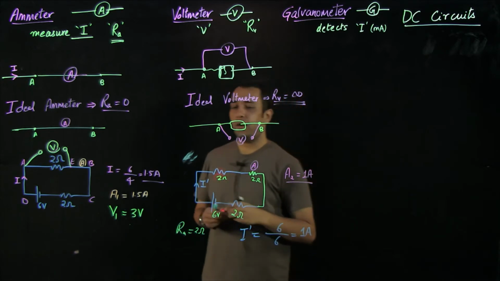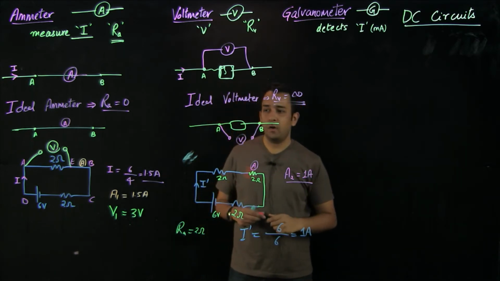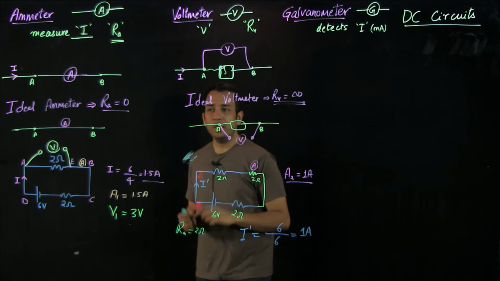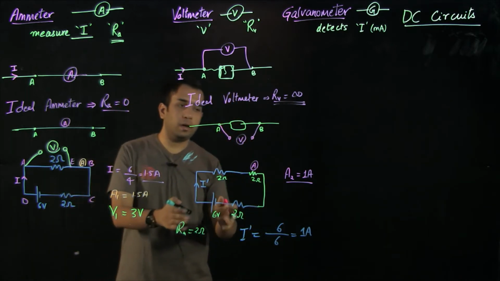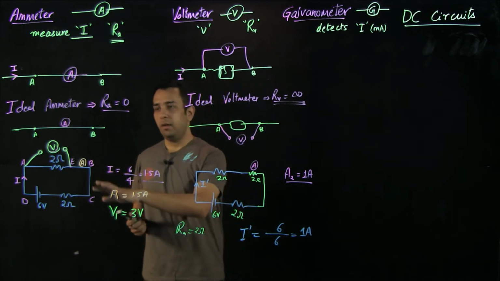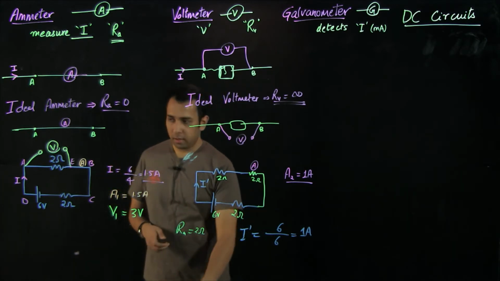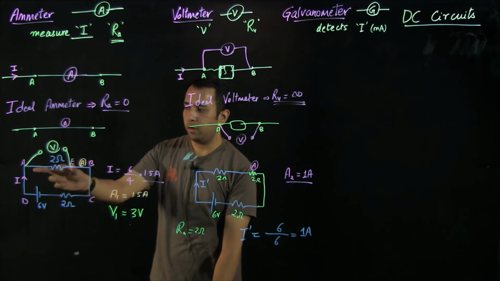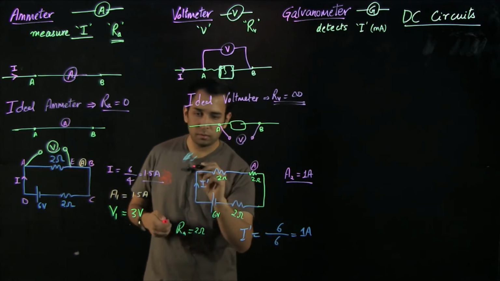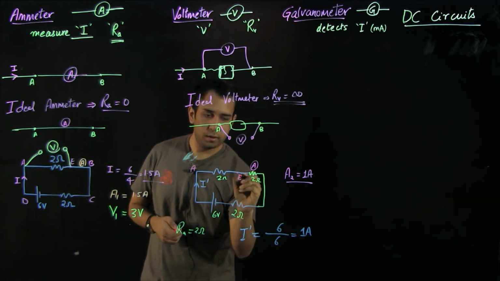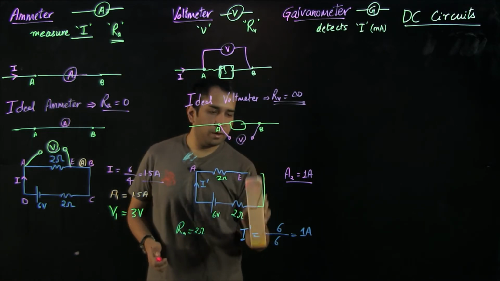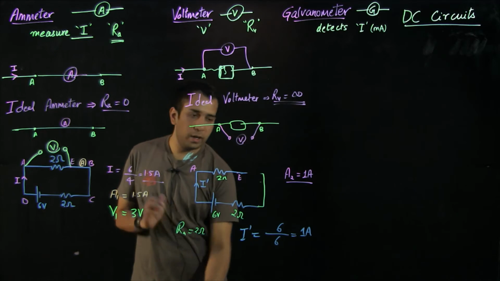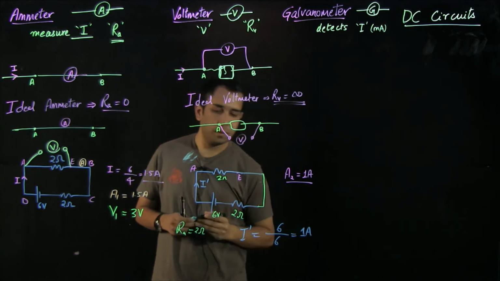So you can see that the ammeter which we are using right now is not an ideal ammeter. That's why it's influencing the current reading which already was there in the circuit. Similarly, like in the previous example, we are trying to measure the voltage between A and E points. So for now let me just remove this ammeter, because now we are only concerned with measuring the voltage.